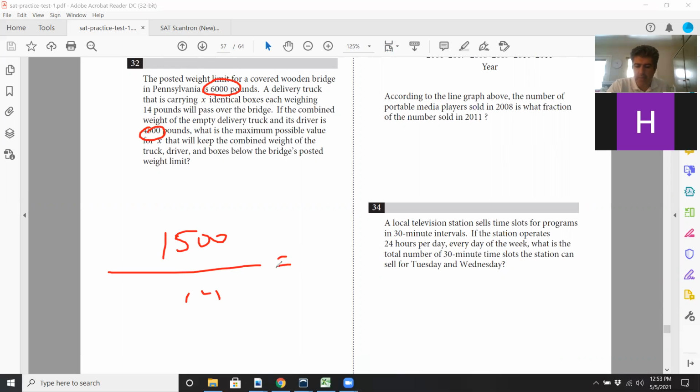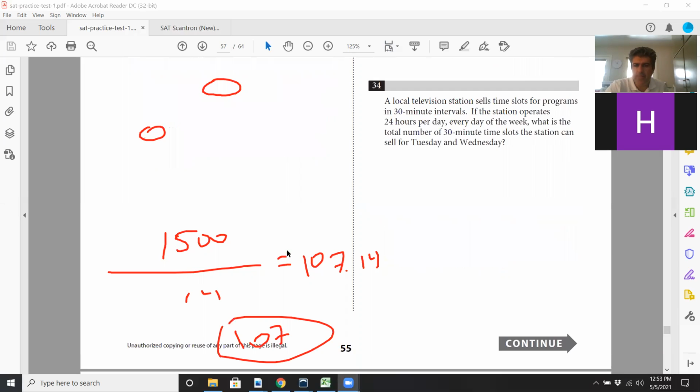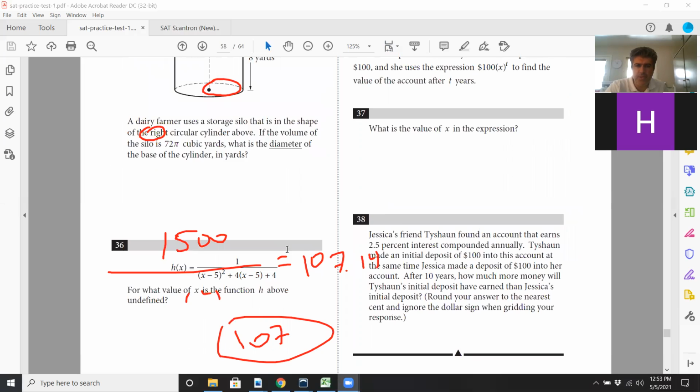See, it's 107.14. So 107. I don't go past that, because then you're surpassing the weight limit. So again, they're not really harder problems. They do get a little more challenging as you progress.